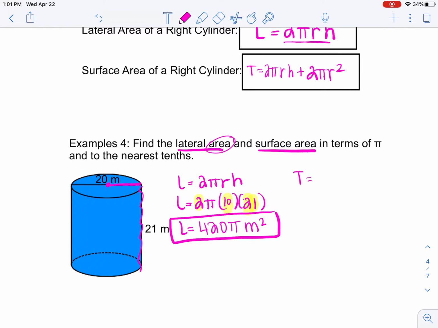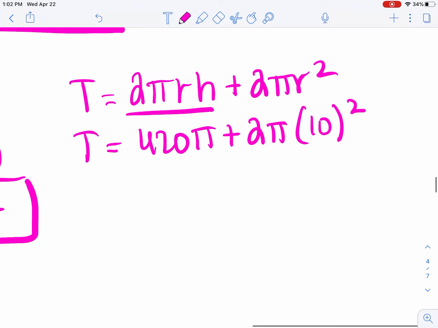Okay, now let's get our exact answer for the total surface area. That's 2 times pi times r times h plus 2 pi r squared. I'm not going to do this math again. It's right here. It's 420 pi plus 2 times pi times the radius squared. We already said the radius is 10. To get that exact answer, I need to know what 10 squared is times 2.